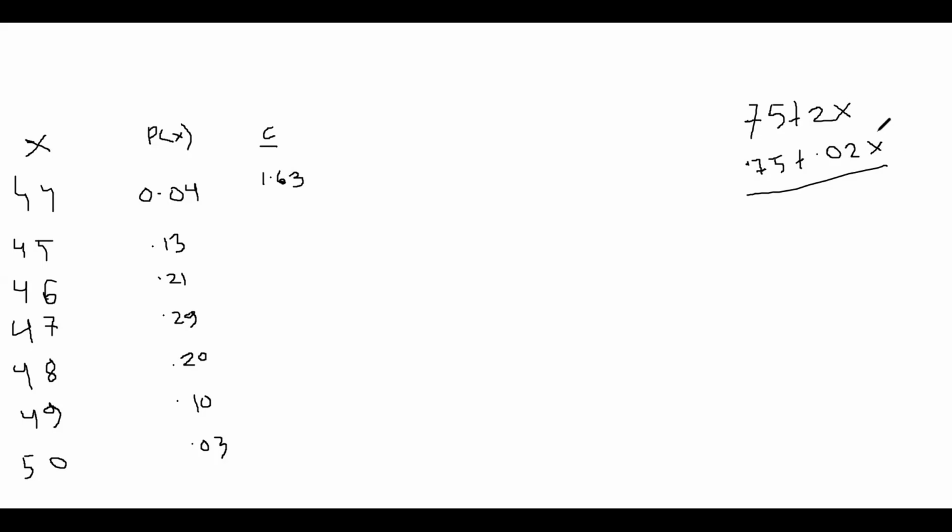So if I plug in 44 here, I will get the first cost, which is 1.63. Similarly, for the second one, I will do 0.75 plus 0.02 times 45, and then I will get the second cost, which is 1.65.